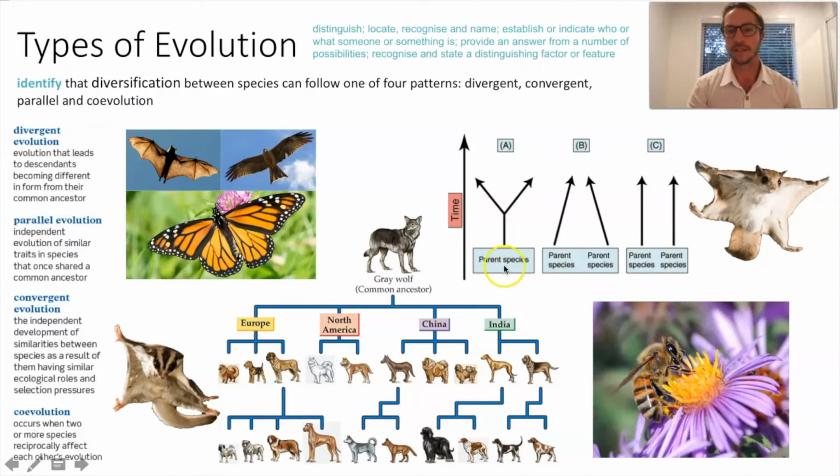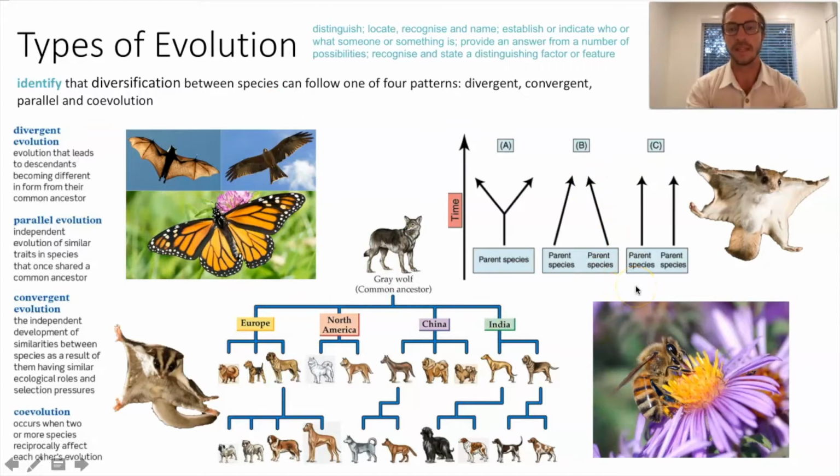One common ancestor, parent species, from which they both diverged, such as the wolf and the dogs. But convergent evolution is when we have this kind of separate parent species, but they come together with a similar trait. And that could be like the flying ones.